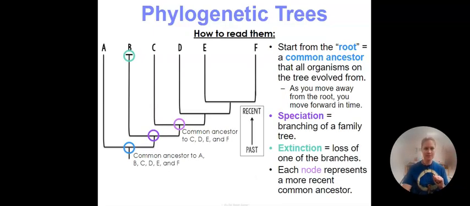Okay, so how do we read a phylogenetic tree? Well, we always start right at the root. This is your common ancestor that everyone else in the tree came from.